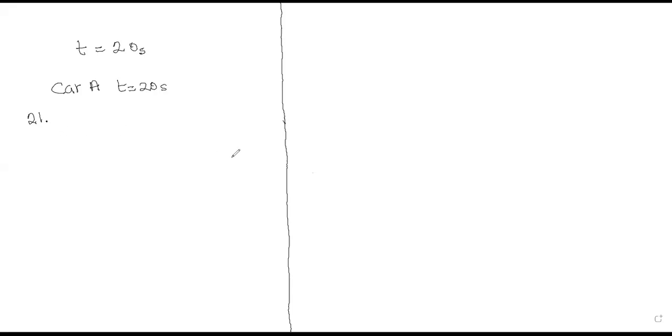Car A is decelerating. How would you describe this deceleration of the car? Is it uniformly decelerated, or how would you describe the deceleration of this car?